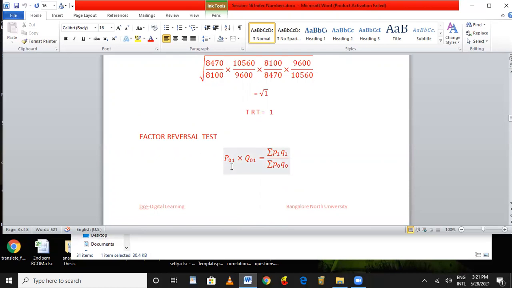In the same way, we have to test whether it satisfies the factor reversal test. The factor is reversed: instead of the price, quantities are inserted, and instead of the quantities, prices are inserted. P01 is the price index number from the base year to the current year, and in the same way the quantity index number Q01 is sigma P1 Q1 divided by sigma P0 Q0.